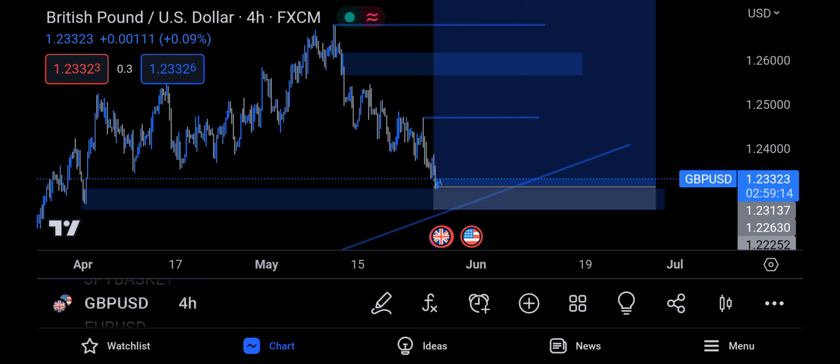GBP pairs are usually volatile during the London session, simply because that's London time, so that is when they have their activities. That is when their banks are open for trading activities.